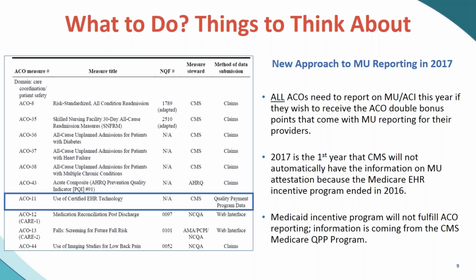So it does not include your Medicaid information. It does not include any preconceived meaningful use attestation that's done. It goes strictly to how you report in the QPP program for your Medicare participation. So everybody wants to be doing this. It's the first year that you will be required to report in this way.